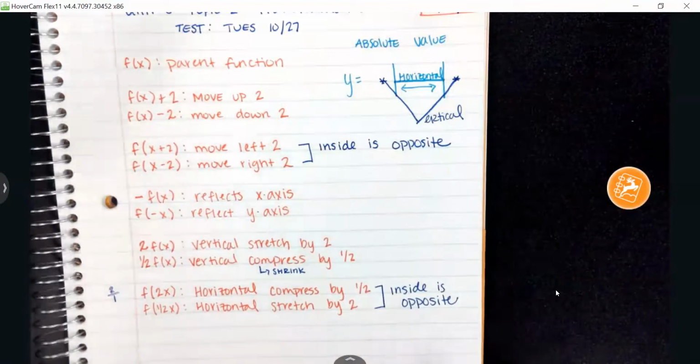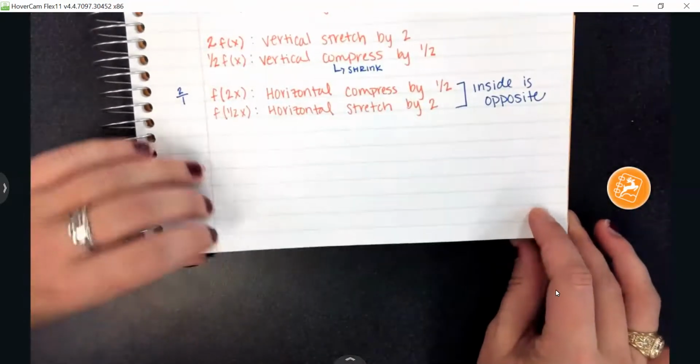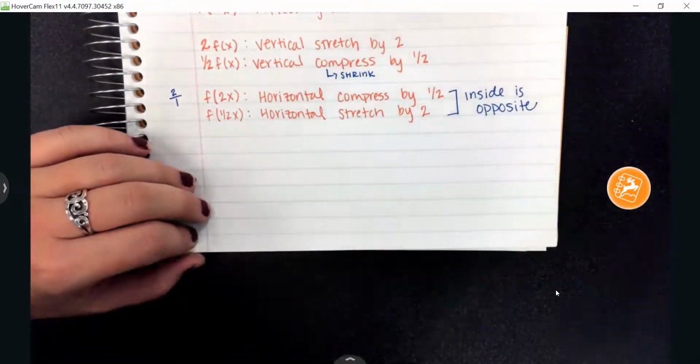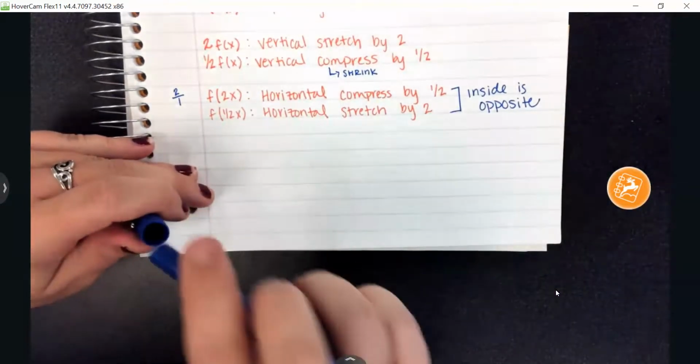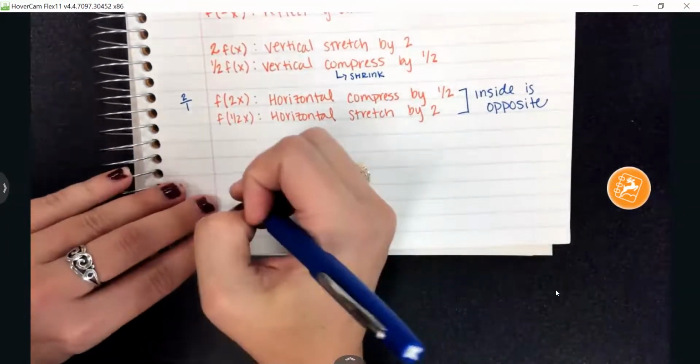Okay. So the last thing we're gonna write, and then we're gonna do some problems together, and write your stuff just like I do, nice and large, okay?